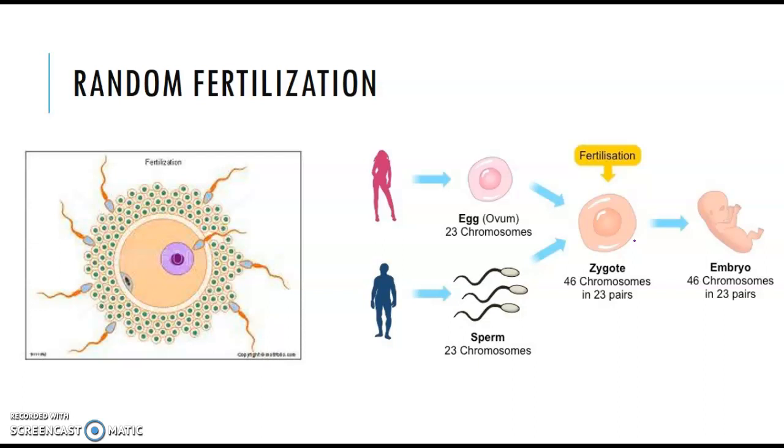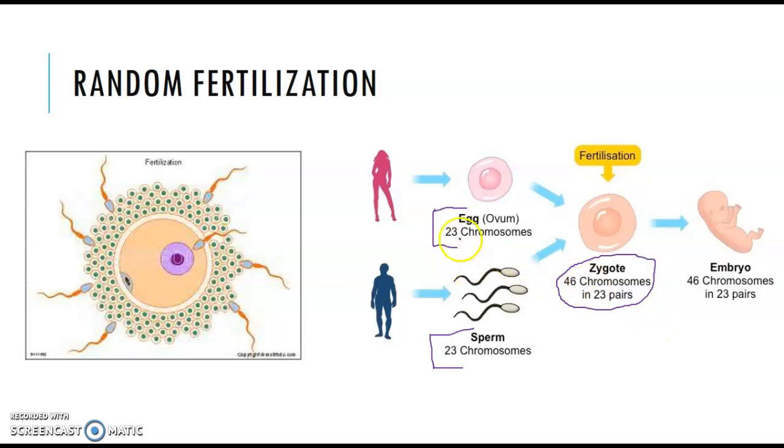But another reason that meiosis is so awesome in leading to genetic diversity is that any one of those sperm can fertilize any one of those eggs, meaning that this egg up here is going to have a very unique combination of alleles because of meiosis. And this sperm is going to have a very unique combination of those alleles. So when the two meet together, you're going to have a very unique zygote. That's when fertilization first happens.